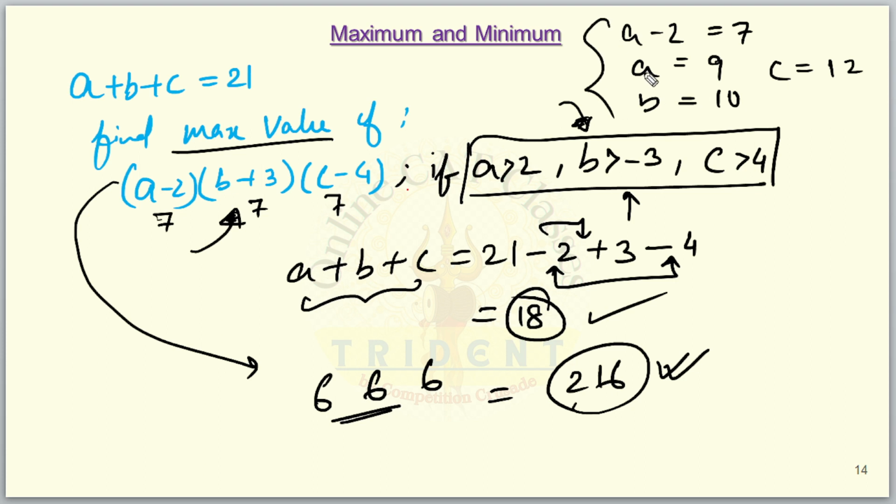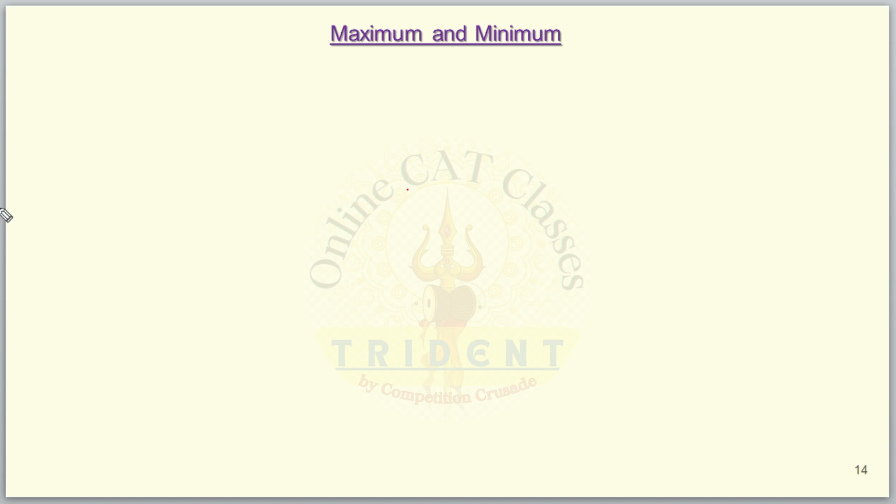But remember, in this case, A, B and C are not equal. And if A, B and C are not equal, how will you get the max value? So even if you say that I'll split them as 7, 7 and 7 and I'll get a 343, that 343 is not true because all the numbers are a little different. They're not exactly 7, 7 and 7. So this was a sort of question which could have been categorized as a little difficult, but then, yeah.